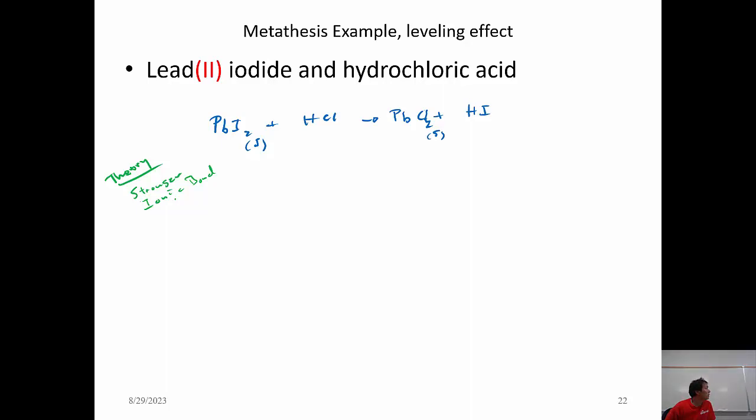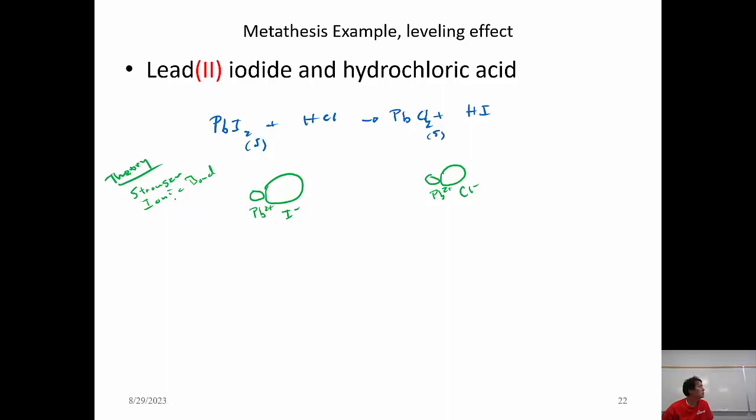And so if we compare it, let's look at Pb2 plus here, and the difference between iodide versus a Pb2 plus, which is the same size, versus a chloride. So we're looking at a +2 being attracted to -1 here, and a +2 being attracted to -1 here.